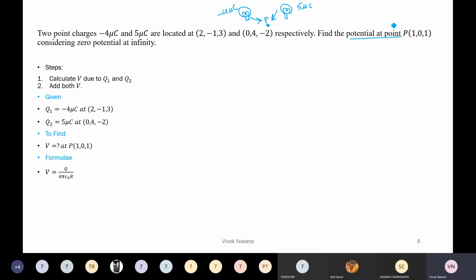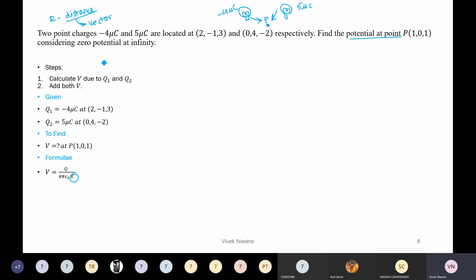Whenever this R comes, it is nothing but referring to the distance. How do you calculate this distance? You calculate the distance from the vector. If you take the magnitude of the vector, you will get the distance.